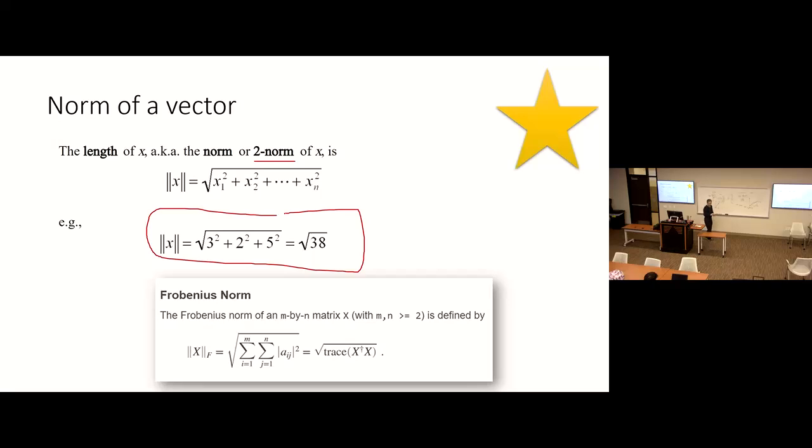To be specific, sometimes people write a small 2 here, so the reader will know you are using the L2 norm, which is how long this vector is. Or you may be more specific and put 1 here, and people know this is the 1 norm.